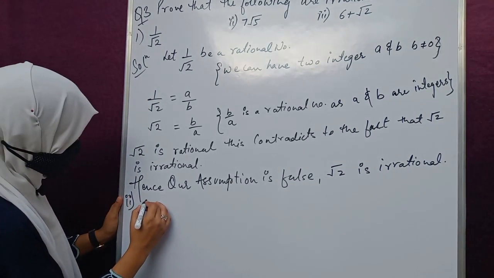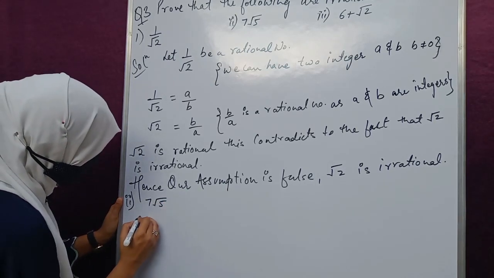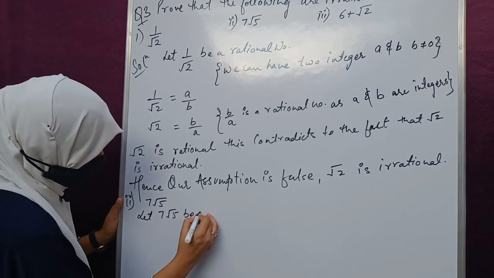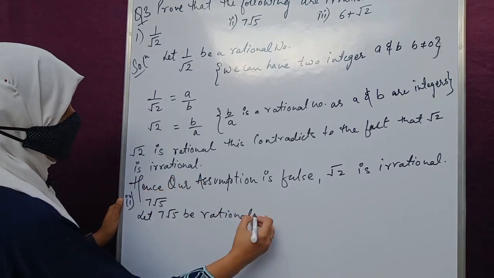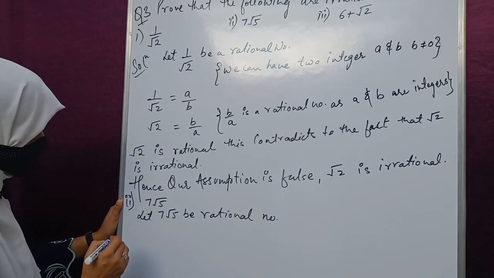So we have 7 root 5. What we will do is let 7 root 5 be a rational number, or just a rational, whatever you like.